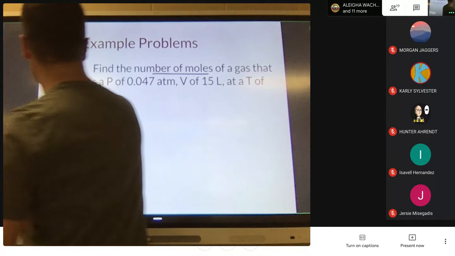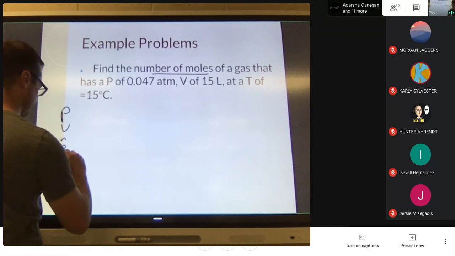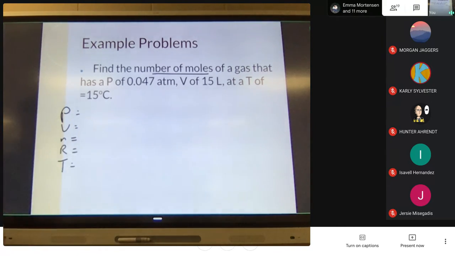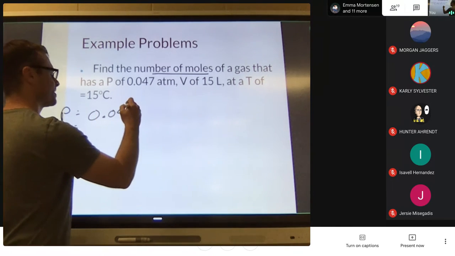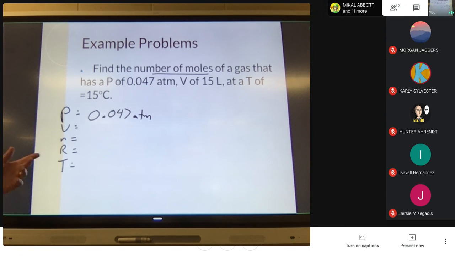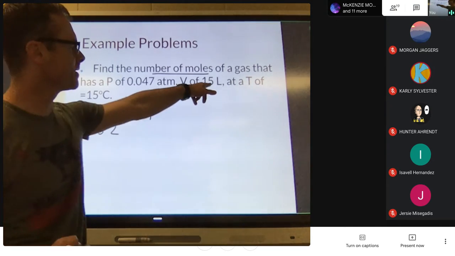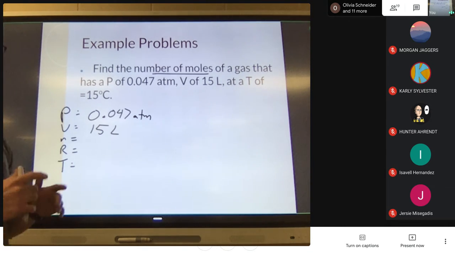The ideal gas law is PV = nRT. We'll start with the pressure. They gave us the pressure as 0.047 atm. The volume is 15 liters. So far, so good. If that was milliliters, we'd have to deal with it. The temperature is 15 degrees Celsius.